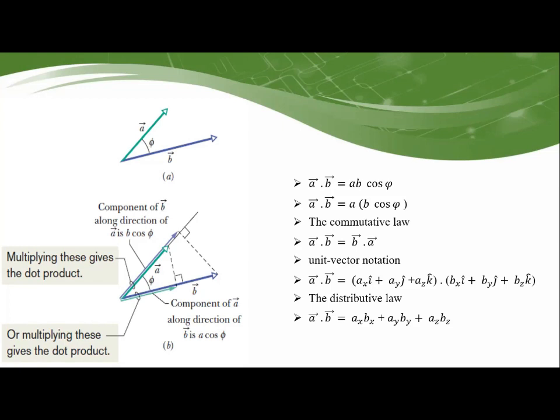Similarly, vector B has a scalar component B cosine phi along the direction of vector A. If the angle phi between two vectors is 0, the component of one vector along the other is maximum, and so also is the dot product of the vectors. If instead phi equals 90 degrees, the component of one vector along the other is 0, and so is the dot product.